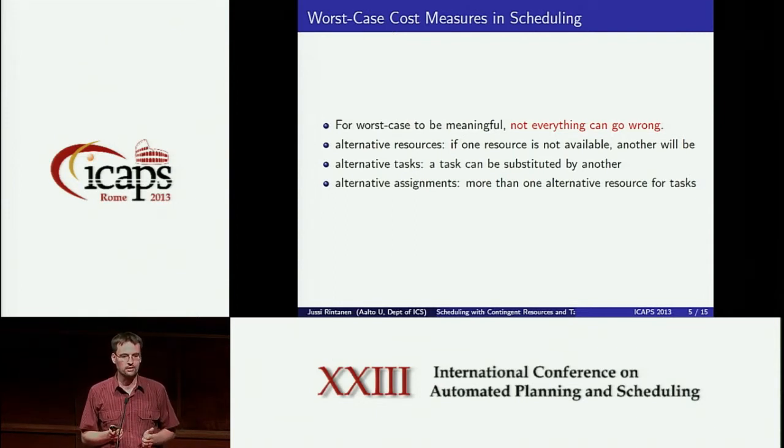And the third possibility: if some resource is not available, any task that necessarily depends on it we will not be able to complete, but we also allow the case where a specific task can be completed in multiple alternative ways by using different resources. These are the things we guarantee, so that also in the worst case we are not completely out of luck, and we can still often find schedules satisfying certain cost bounds.